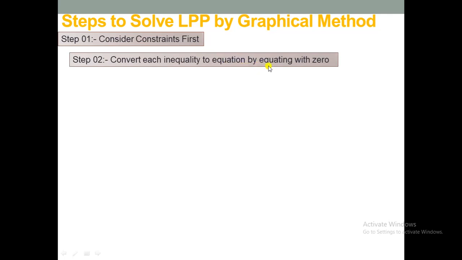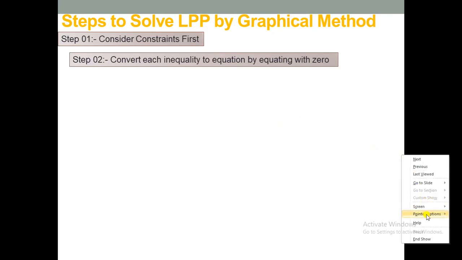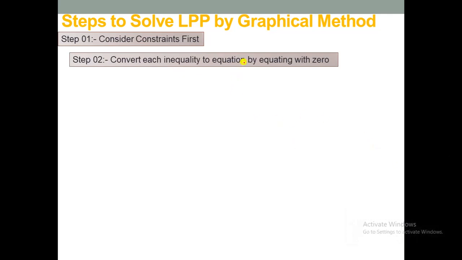Now the constraints are actually inequalities, and whenever we want the values of the variables, we cannot get them from inequalities, because we can solve the problem only when we have an equation. So it should be an equation, and to convert that inequality into an equation we need to equate it with zero.